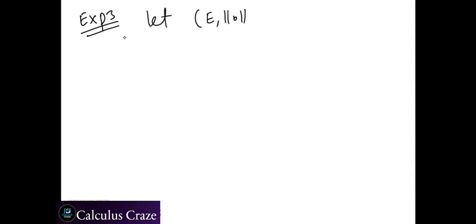Normed space itself, and we will show that every normed space is indeed a metric space. So I'll put it in this way. Example number 3 it is going to be, and this is a crucial example. So we will let E with this norm be a normed space.